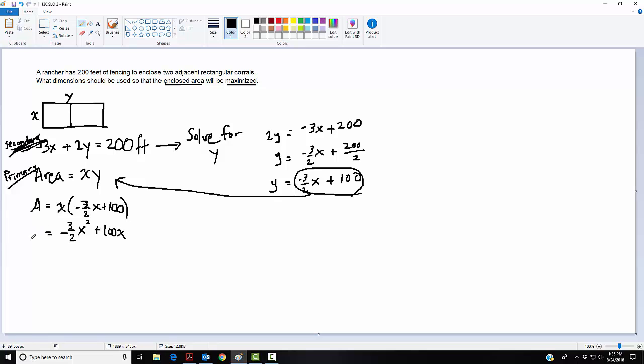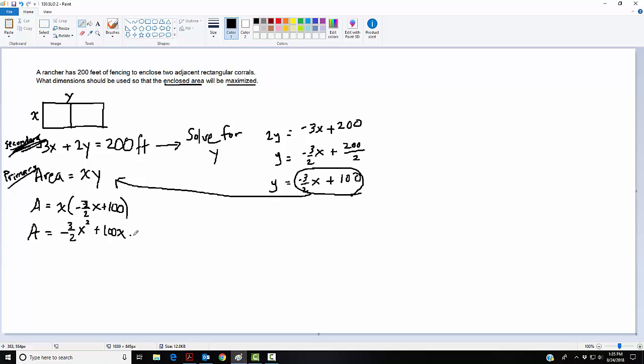So it turns out this is the area equation. We now have it just in terms of one variable, which is how this section works out. You start out with two variables, but we need to rewrite things to get it all in terms of one variable.